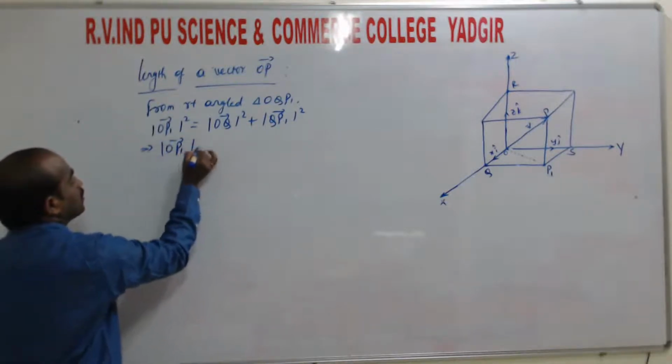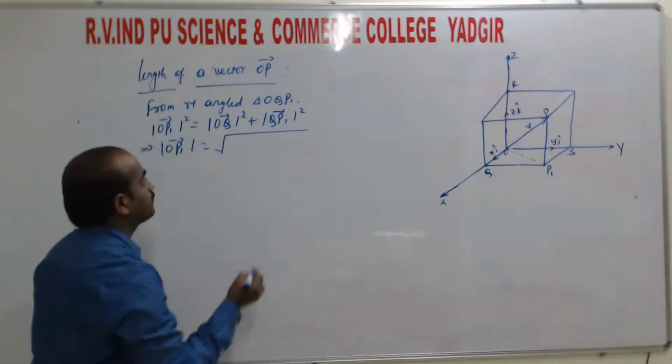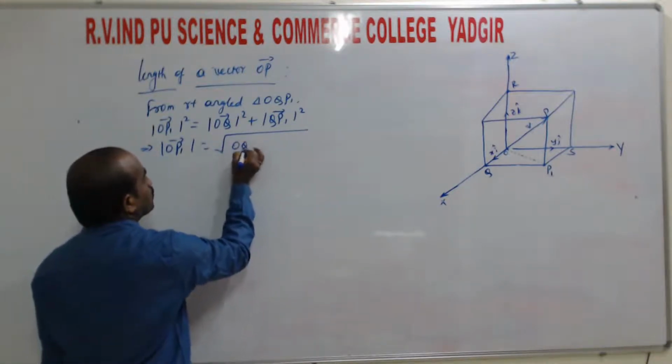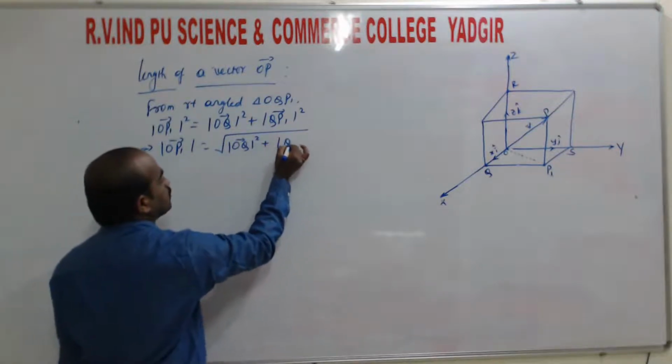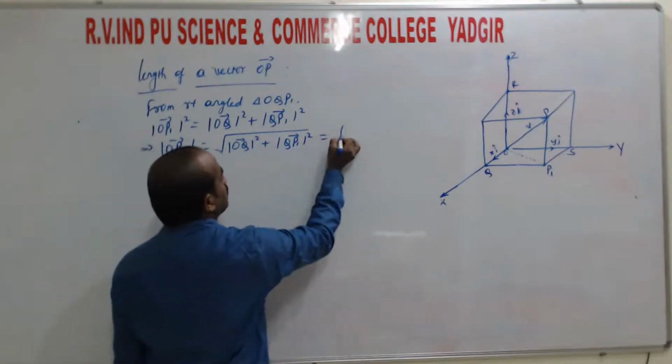OP1 is equal to the root of OQ squared plus QP1 squared.